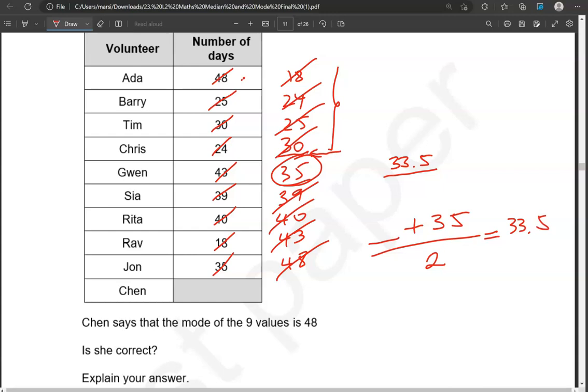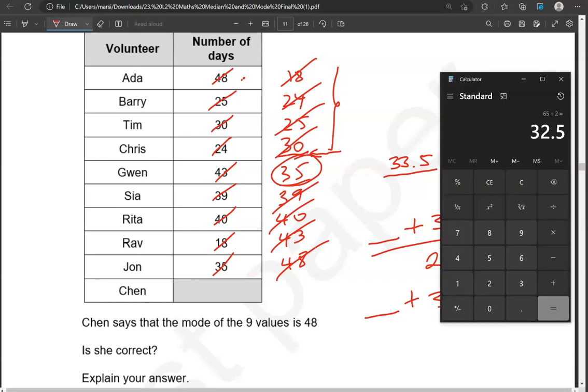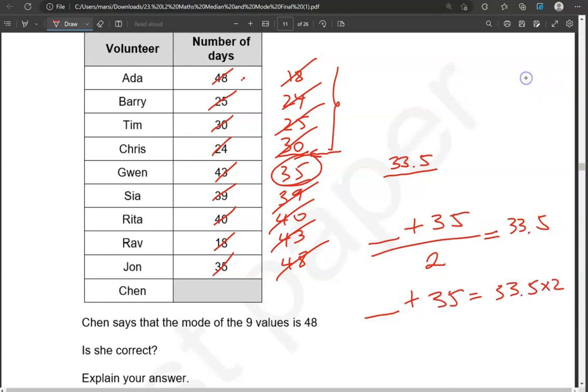So we're going to reverse this. Instead of dividing by 2, we're going to multiply the answer now by 2. So the number that is missing plus 35 equals 33.5 times 2, which is 67.